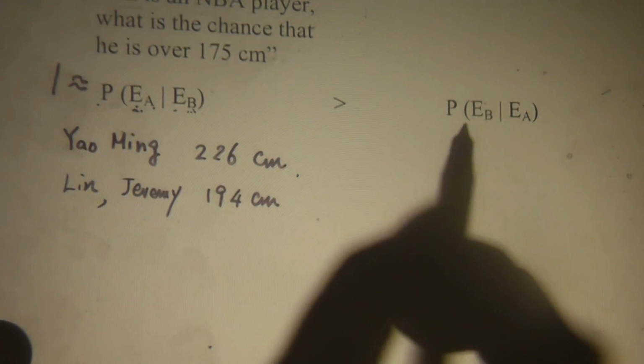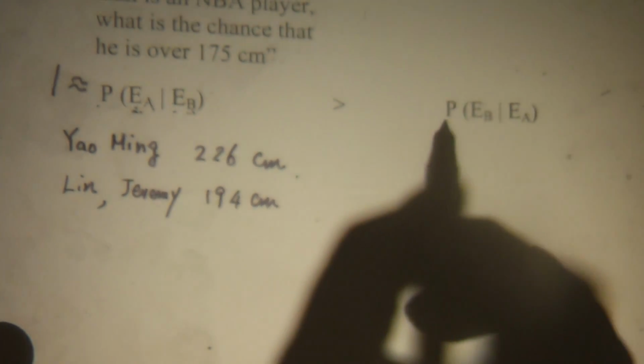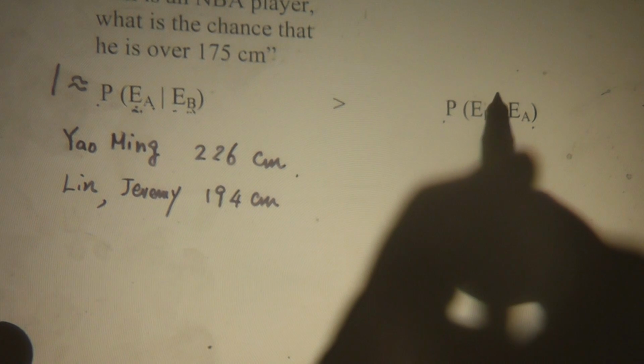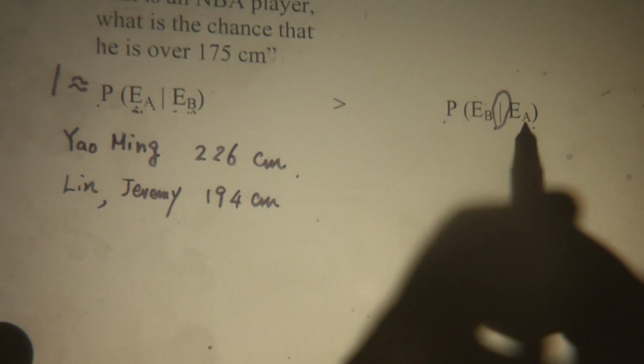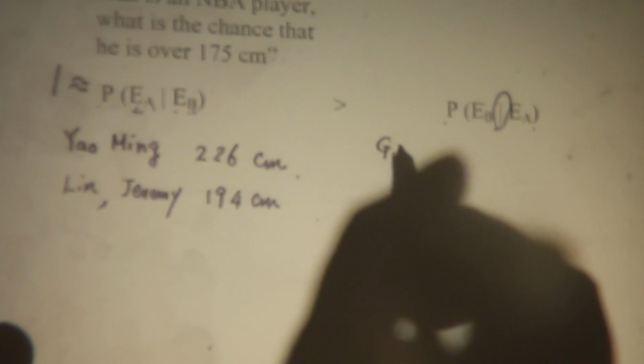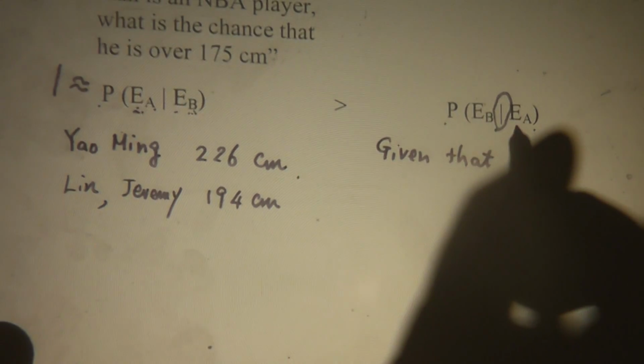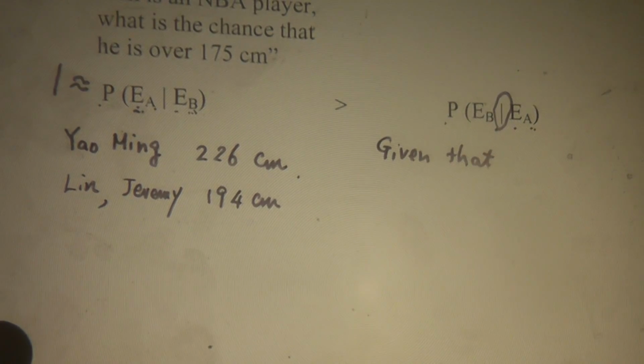So let's look at this probability. How are we going to read this notation now? Well, let's try. Given that A has occurred. What's A?